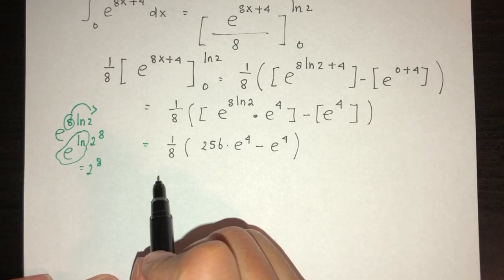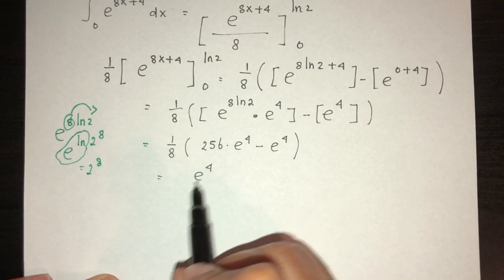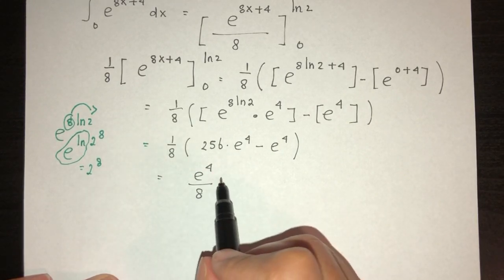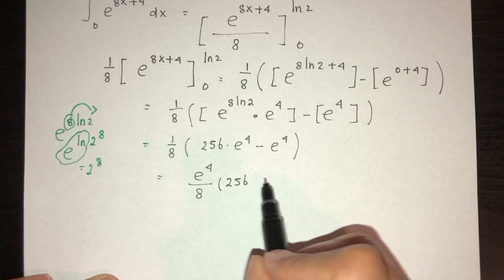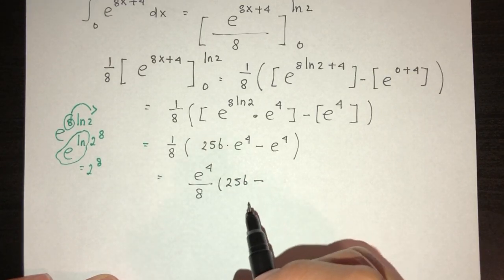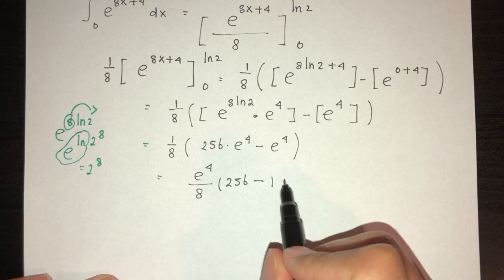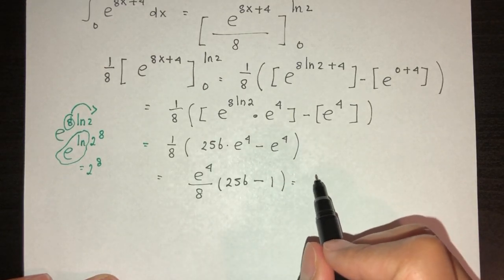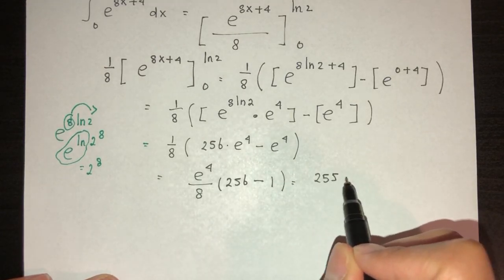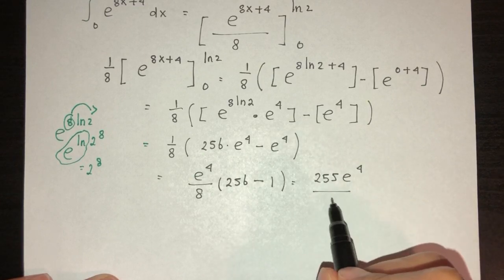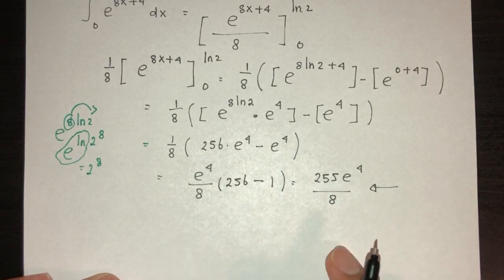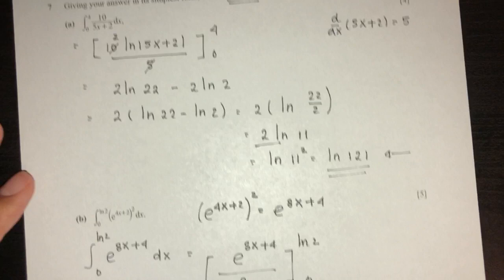Now you can factorize this out. You will have exponential 4 over 8 and 256 minus 1. That will be 255 exponential 4 divided by 8. That will be your answer in its simplest form for part B.